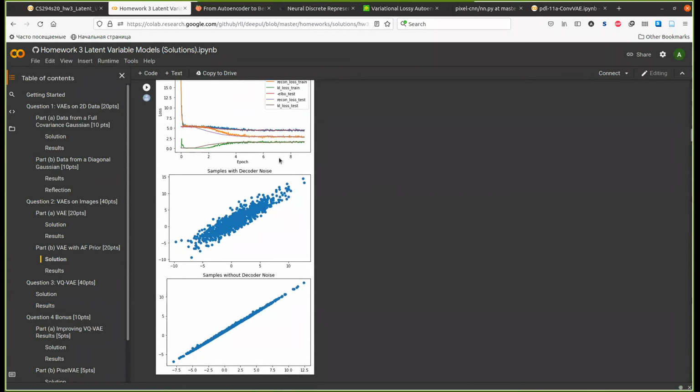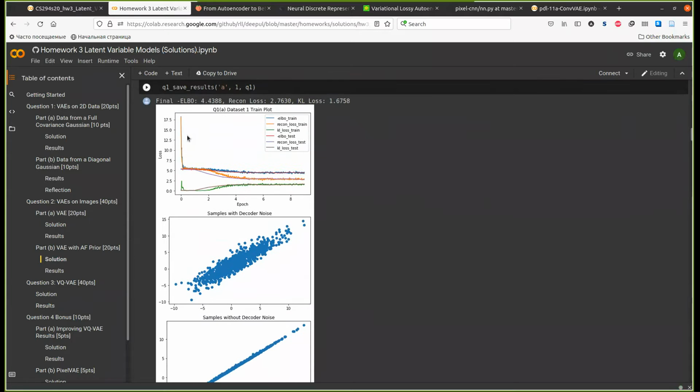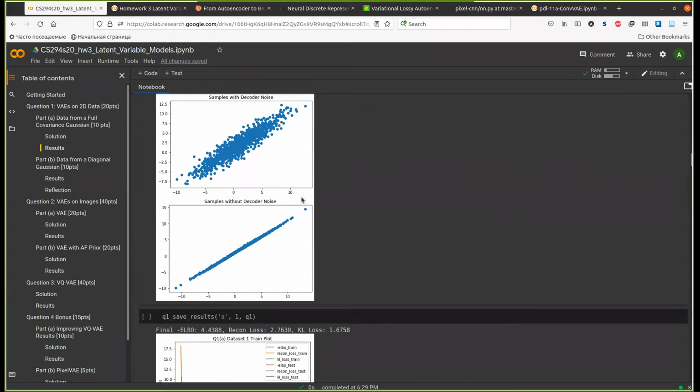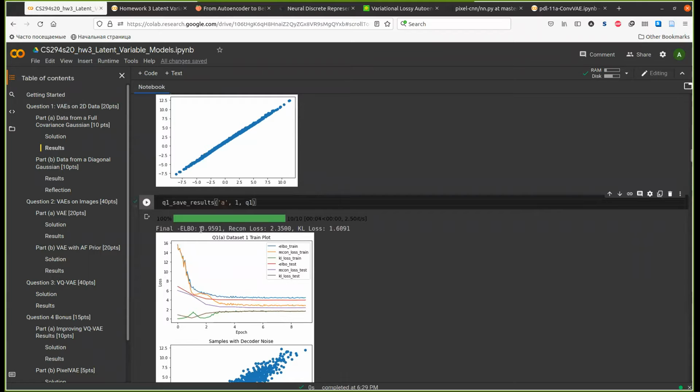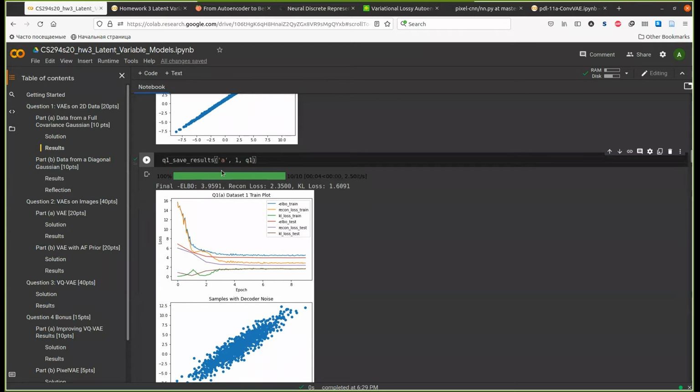So here are the results from the instructors. Okay, the numbers are similar. You see this 4 point something, 2.7, and 1.6. And I got even better numbers, but that might be because of a different structure of the encoder and decoder.